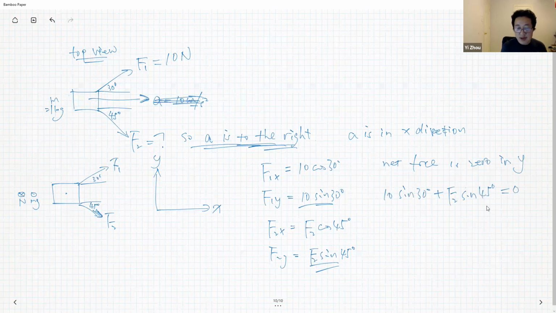So if they are both positive, how is that possible with 0? Because F2 goes in a different direction than F1. Okay, so if we choose a coordinate like this, we'll need to write which sign as negative.